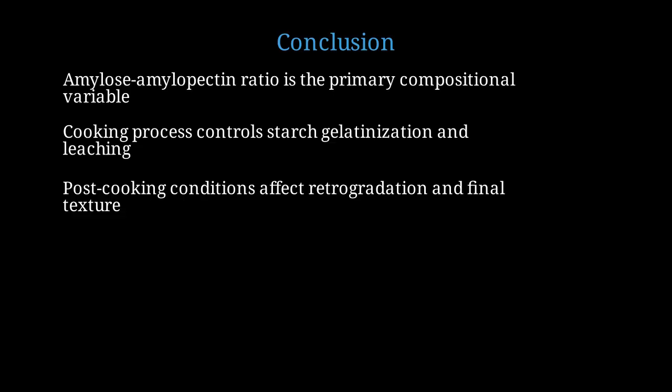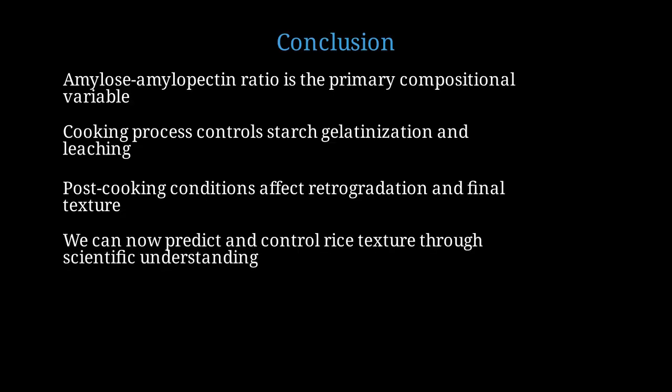Post-cooking storage conditions affect retrogradation kinetics, and therefore the time evolution of texture after cooking. Armed with this quantitative understanding, we can rationally predict and control rice texture through informed choices of variety, cooking method, and storage conditions. This transforms an empirical culinary art into a science-based engineering discipline.